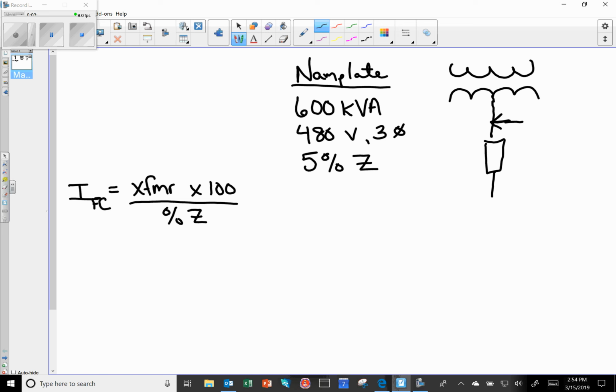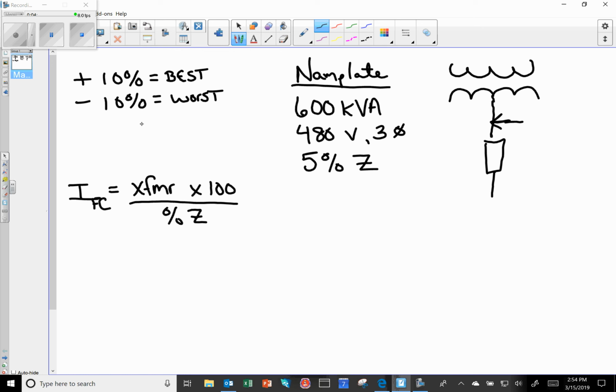Something we need to know is that on transformers, our percent impedance can vary plus or minus 10% from the nameplate value given. The plus 10% is considered a best case scenario, and our minus 10% is considered a worst case scenario with regard to fault current.